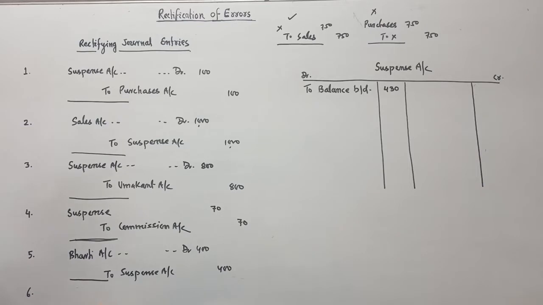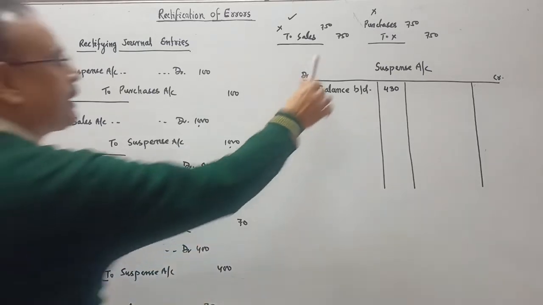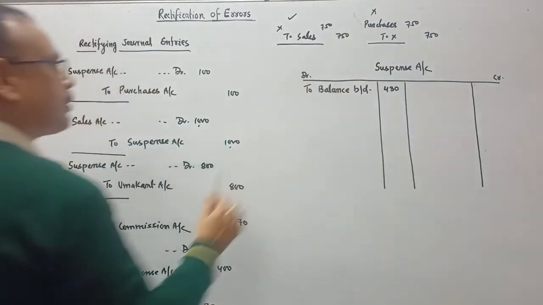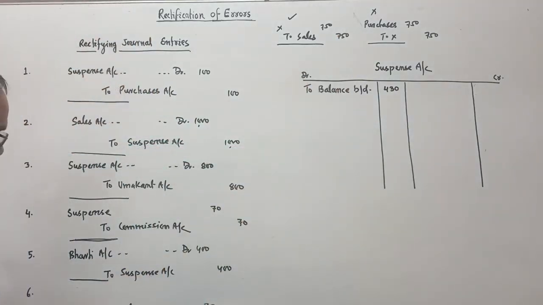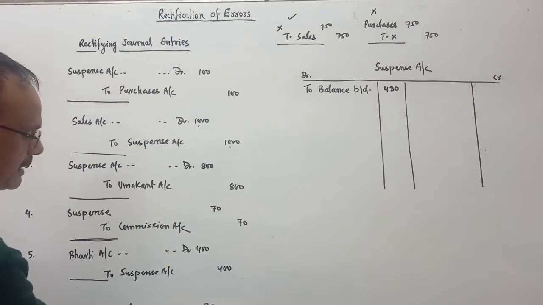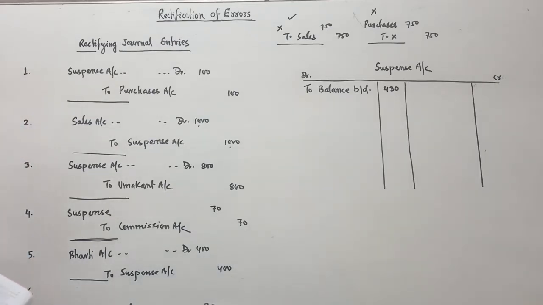Sales has to be placed at the right position, and the right position of sales is on credit 750. We have to cancel the purchase which is debited wrongly. So what we'll do, purchase will be credited, then we'll cancel the purchase account. Purchase is credited for cancellation reasons.